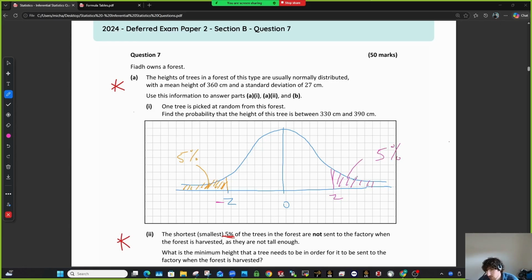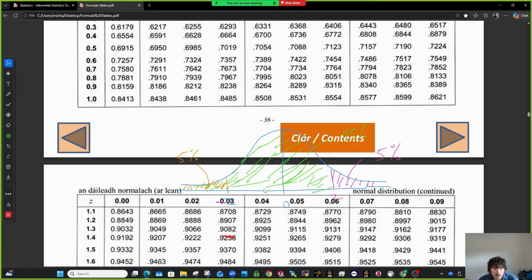Again, our tables book won't tell us what's above a Z-score, but it will absolutely tell us the area below the Z-score. So what we're going to do, we should know that this green area here, if 5% is above the pink Z-score here, 95% is below it. So we're going to go to the tables book and find what Z-score has 95% area below it. Okay, and you do that here.